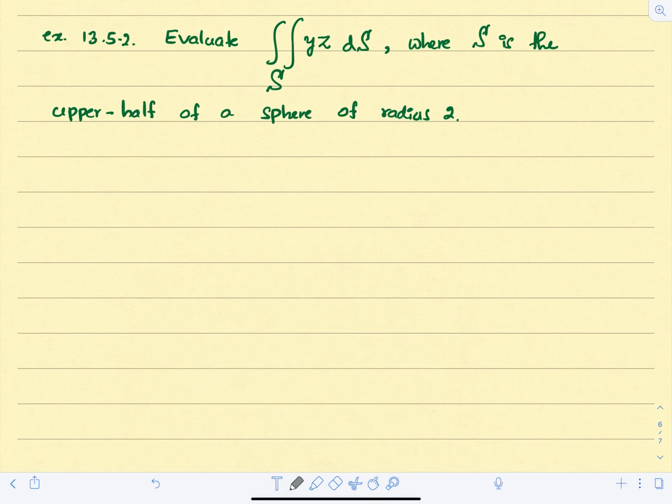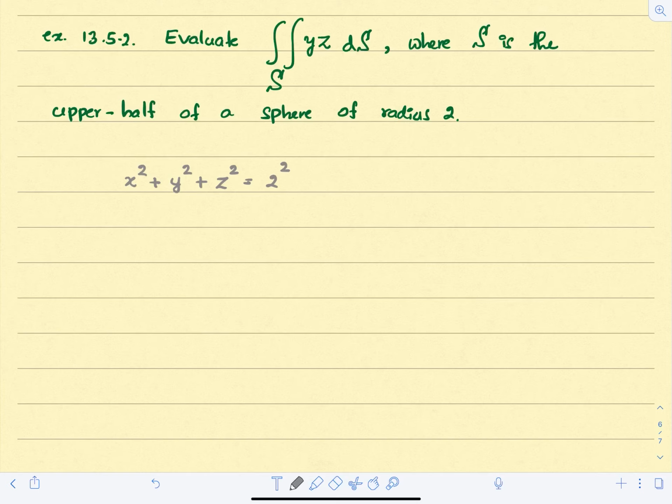The equation for a sphere with radius 2 is x squared plus y squared plus z squared equals 2 squared. But now we consider only the upper half of the sphere. So let's find its equation.